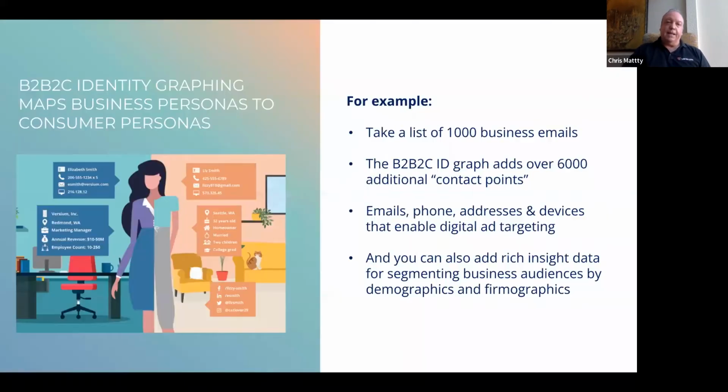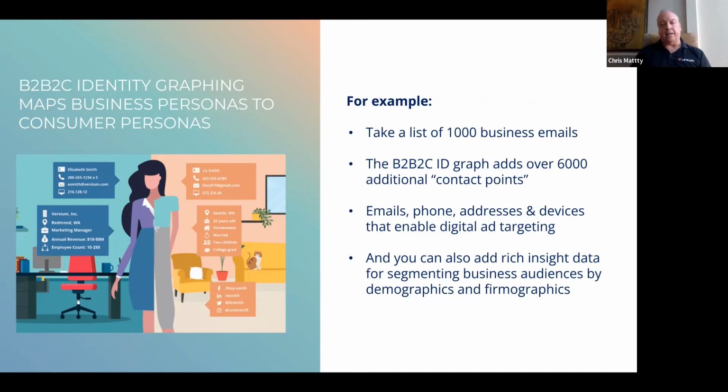But there is good news. And that is the B2B to C identity graphing capability, which is a big part of what we do when we talk about just the B2B side of things. What we're able to do is take that same list of 100,000, or in this example, 1,000 business people, 1,000 records, and we add upwards of 5,000 to 7,000 additional contact points for those same people, additional emails, phone numbers, and addresses.